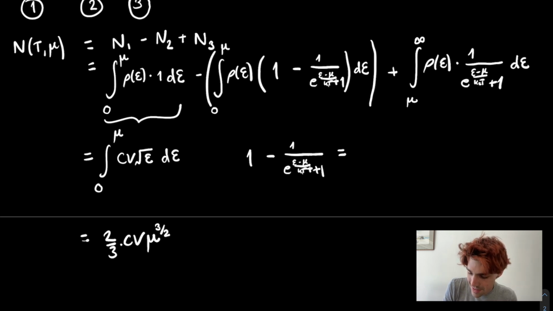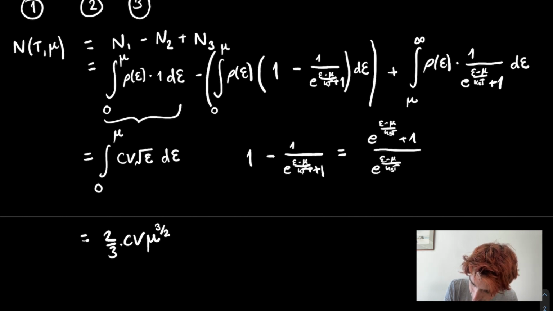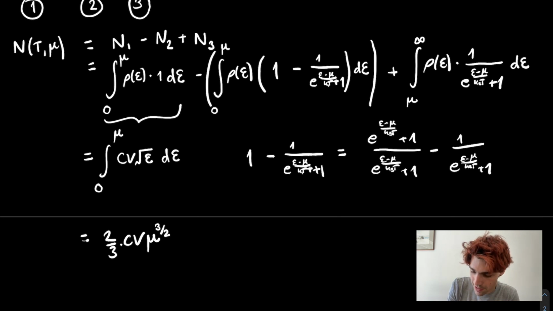This is one and the same as e to the (epsilon minus mu) over kBT plus 1, over e to the (epsilon minus mu) over kBT plus 1. So that's just our 1 term. We've just written 1 yet again. We're going to subtract 1 over e to the (epsilon minus mu) over kBT plus 1.